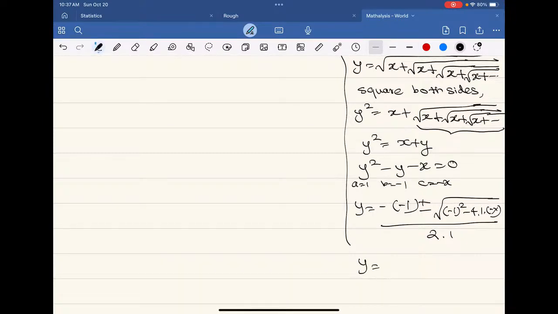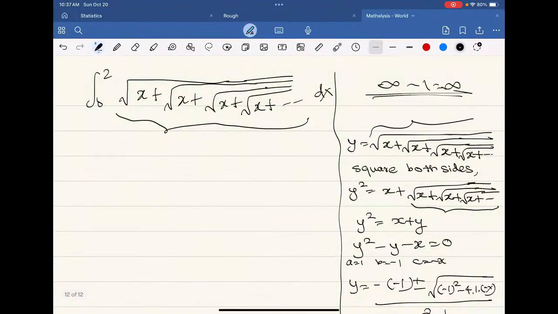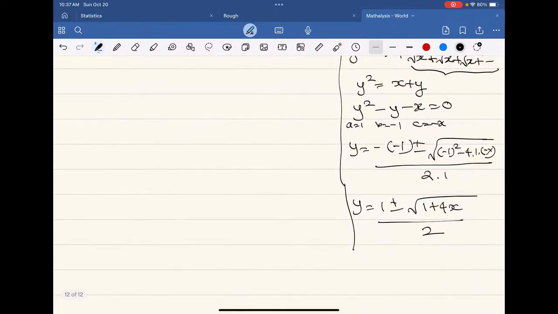So y is 1 plus minus square root of 1 plus 4x, by 2. Now, which sign do we take, positive or negative? To answer this question, first of all, notice that this result over here was positive, right? So therefore, we need to have a positive result.